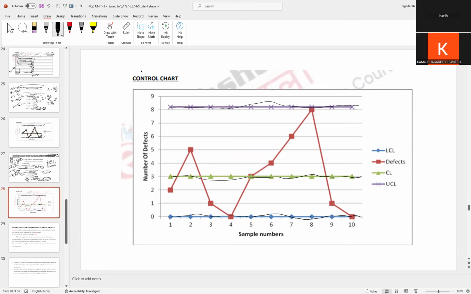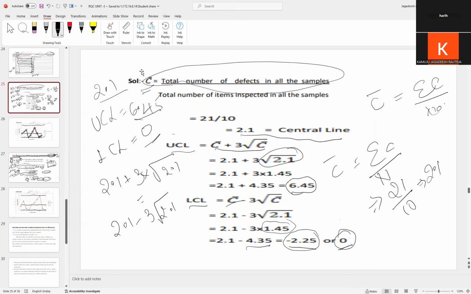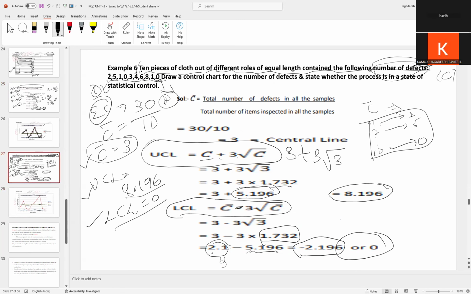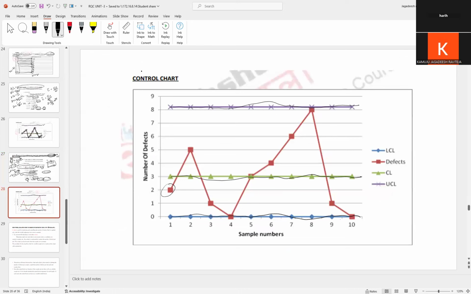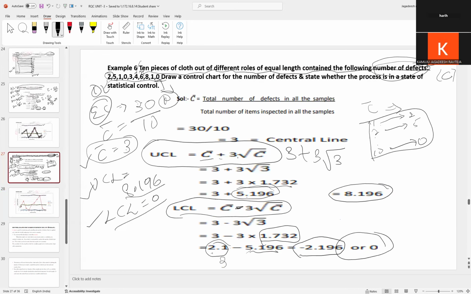Now we have to find the number of defectives. How will we find the number of defectives? From the problem, it is clearly stated. For the first sample, how many defectives are there? 2. Very good. For the first sample, 2 defectives are identified. For the second sample, 5. Very good, Mohan.